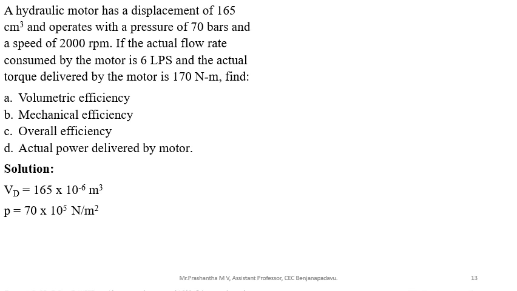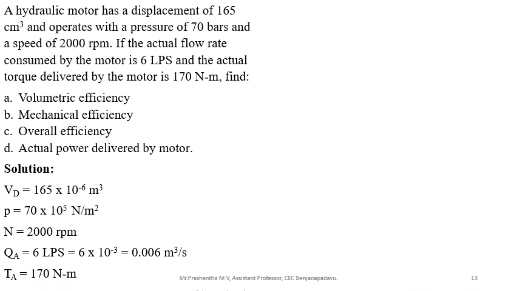Next pressure is 70 bars, 70 into 10 to the power of 5 Newton per meter square, and speed is 2000 rpm, and actual flow rate Q_A is 6 liter per second, that is 6 into 10 to the power of minus 3, that is 0.006 meter cube per second. Next is actual torque T_A equal to 170 Newton meter.